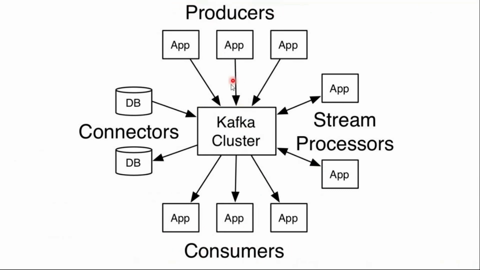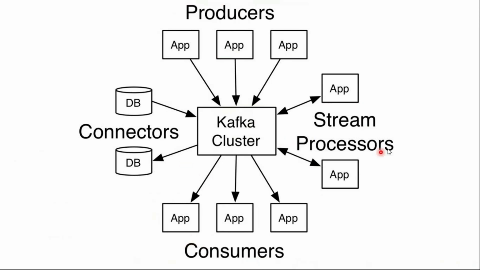Kafka itself is a messaging system, but it is more advanced than the traditional messaging system. The producer is the one who is producing the message, and the consumer is the one who is consuming the messages.